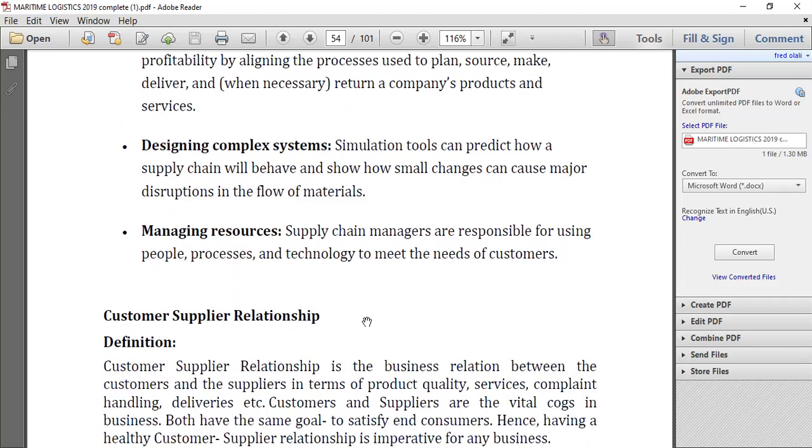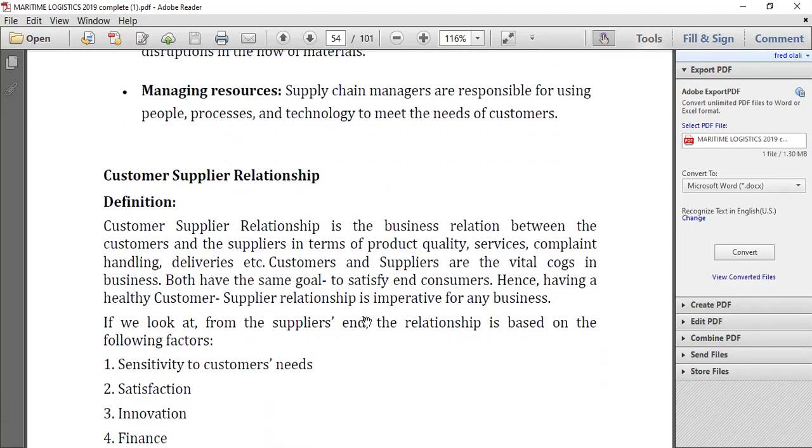Then we have the customer supplier relationship. Now, customer supplier relationship is the business relation between the customers and suppliers in terms of product quality, services, complaints handling, deliveries, etc. So customers and suppliers are the vital cogs in the business.